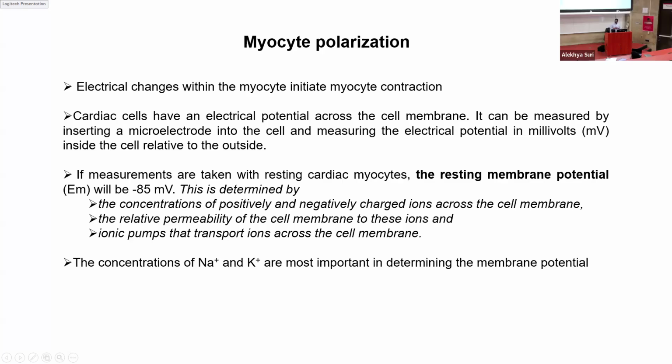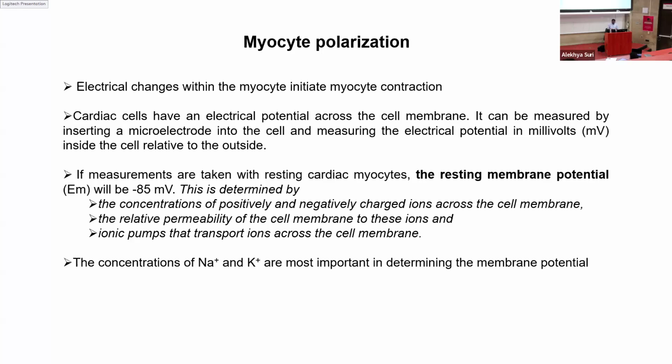So basically the positively and negatively charged ions are responsible for maintaining the resting membrane potential. And what are the ions which maintain the membrane potential? Sodium and potassium are the major ions which determine the membrane potential. But chlorine also plays an important role.